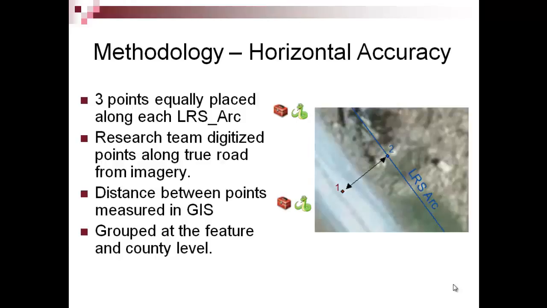We had to measure those within a GIS, and we also did that using the near function. We automated that in Python code. And then we grouped that at the feature level. So for each of these 125 arcs in Alamance County, we figured out which one had the best average horizontal accuracy. And then we grouped that at the county level.